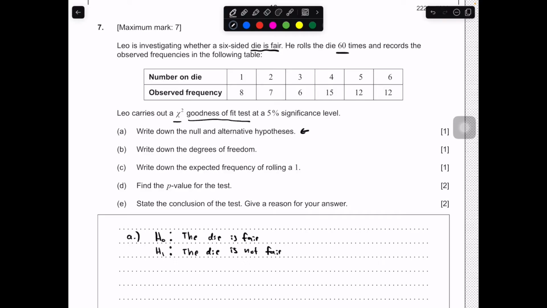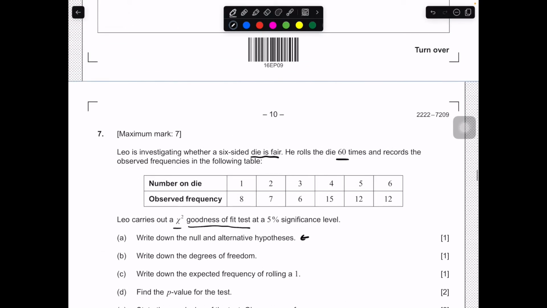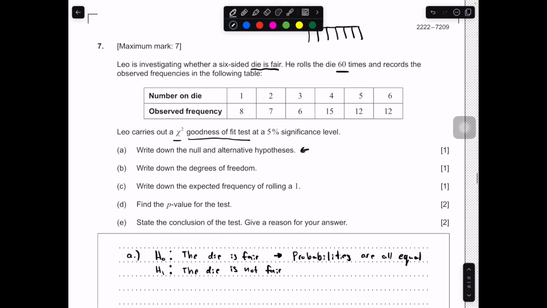We could also write this out as probabilities. If the probabilities are all equal, in this case we wouldn't have a normal distribution. We would have every single probability for each of these 6 sides. Since it's a 6-sided die, we would expect the chance of getting a 1, 2, 3, 4, 5, 6 to be equal, all the same.